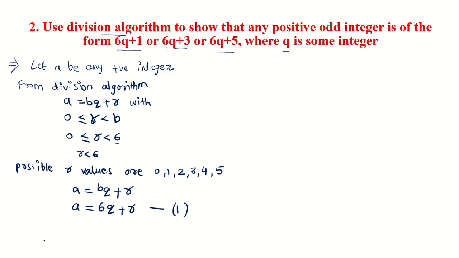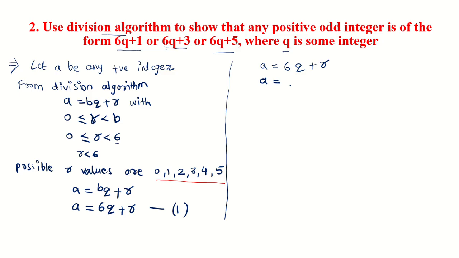So now all these r values, what are the r values? 0, 1, 2, 3, 4, 5, right? Substitute all these values in equation 1 to get the forms which are in the question. So let us substitute each of these values and see what we'll get. Now we have a equals 6q plus r from equation 1.